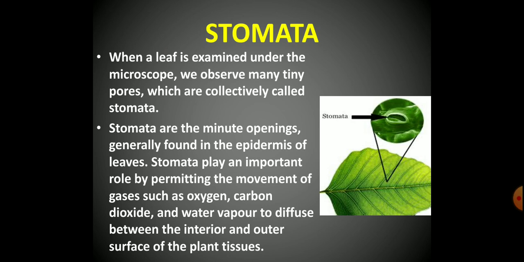Stomata. When a leaf is examined under the microscope, we observe many tiny pores which are collectively called stomata. Stomata are the minute openings generally found in the epidermis of leaves. Stomata play an important role by permitting the movement of gases such as oxygen, carbon dioxide, and water vapor to diffuse between the interior and the outer surface of the plant tissues.